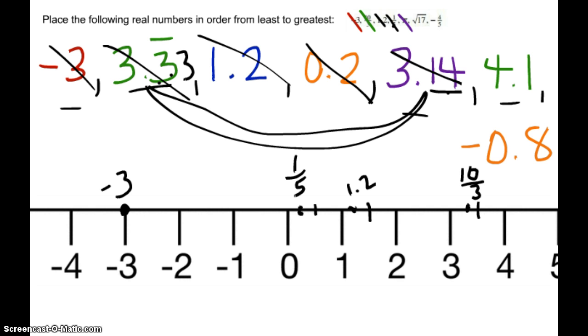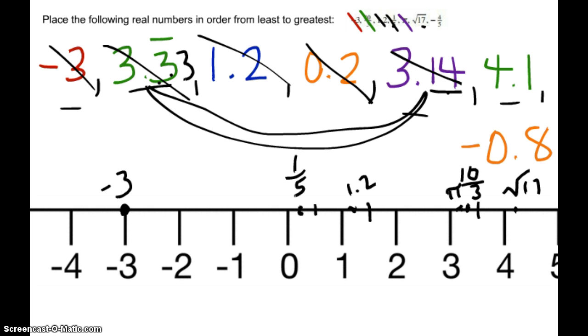So we're actually going to put pi a little smaller than 10/3. So there's pi. Now we have 4 1/10. Remember, that was the square root of 17. We're going to write it as the square root of 17 right here.